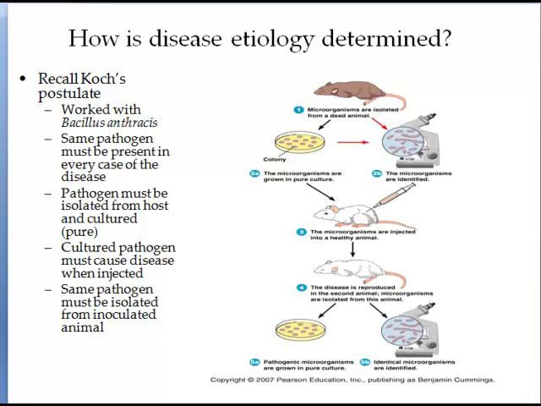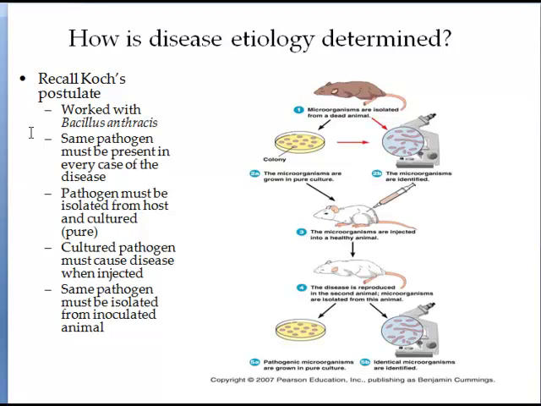How was the disease etiology determined? The disease etiology was studied by Koch, and Koch did his famous experiment that we mentioned earlier in the beginning chapters, in which he established certain postulates which determined that microorganisms cause disease.